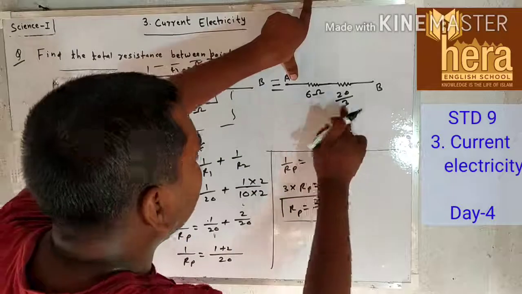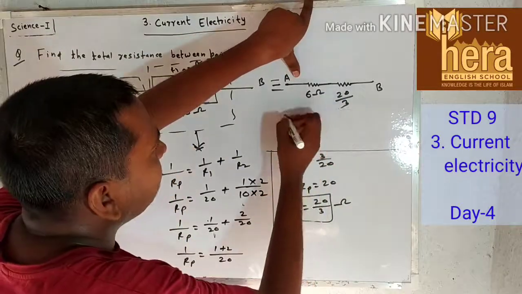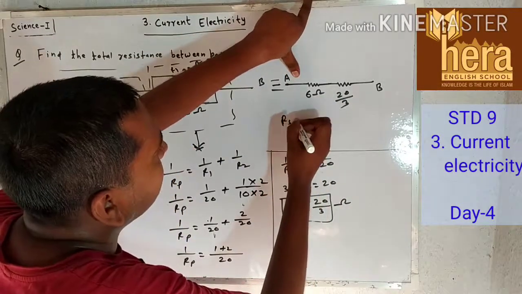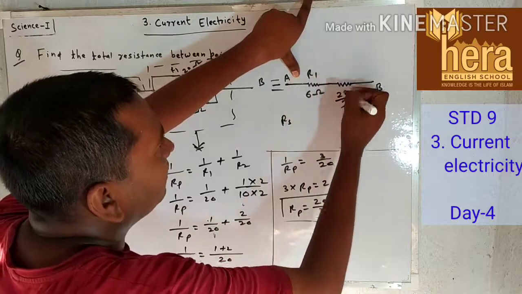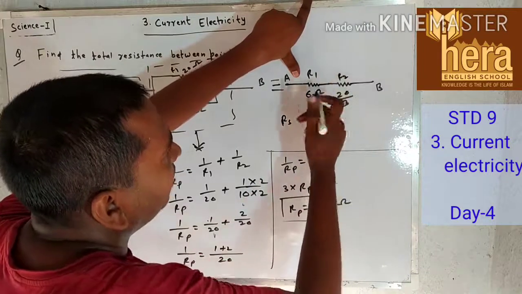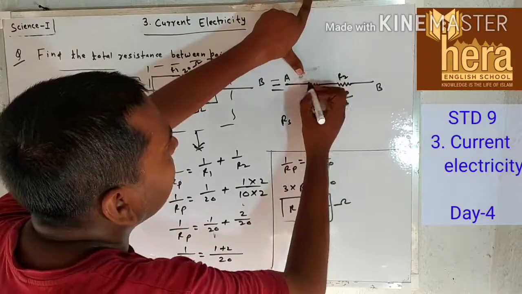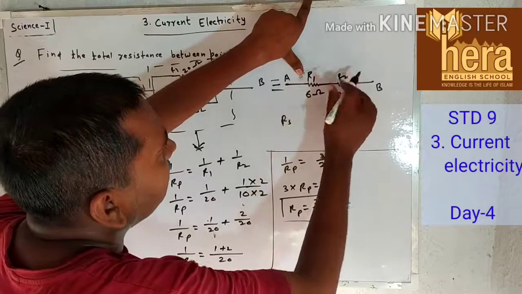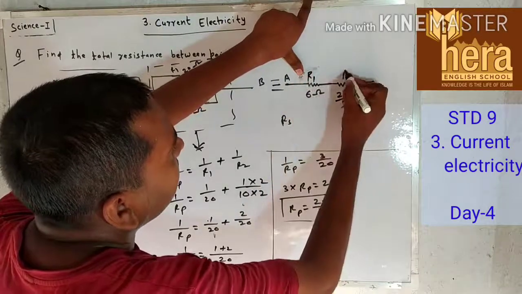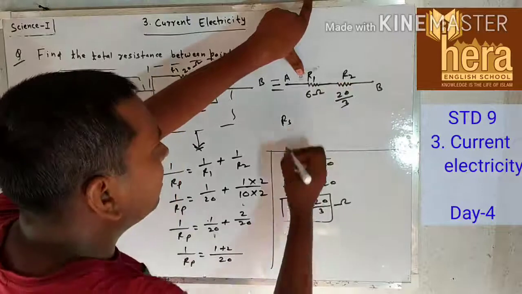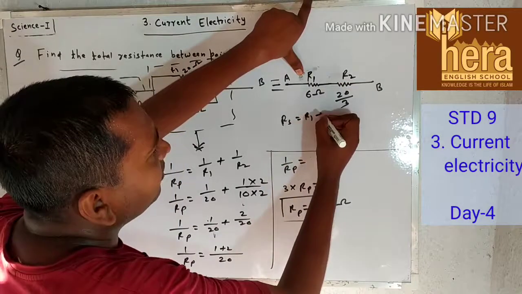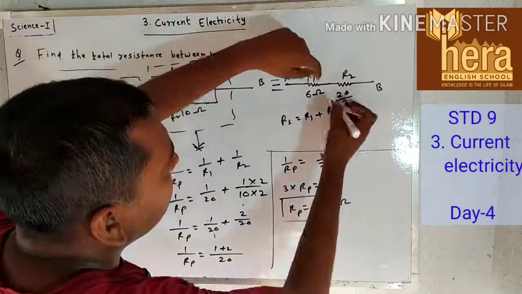If you want to solve this, say this is R1 and this is R2. Again RS is equal to R1 plus R2.